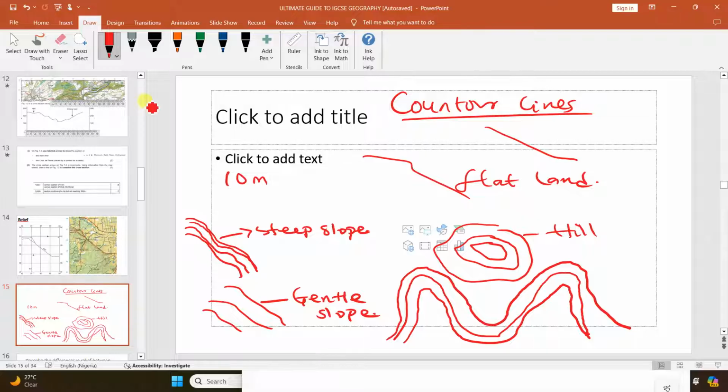When you see a contour line moving up this way, and there is a river flowing in between, whichever pattern, this is referred to as a valley.